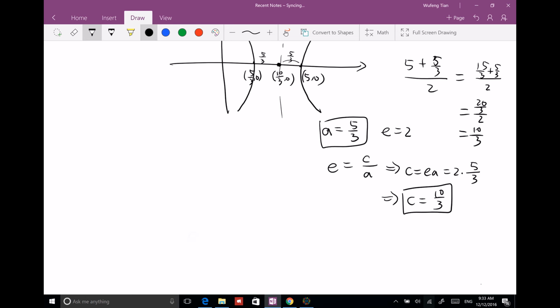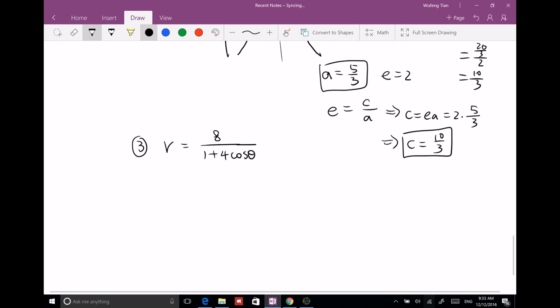Parameters. So number 3, one more example. R equals 8 over 1 plus 4 cosine theta. I'm going to call a student for this question, okay?